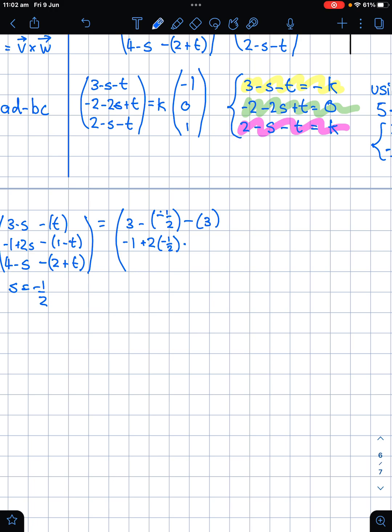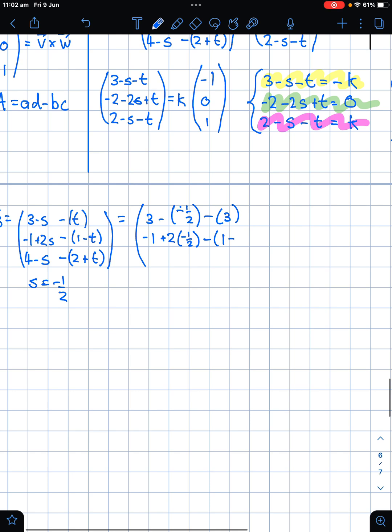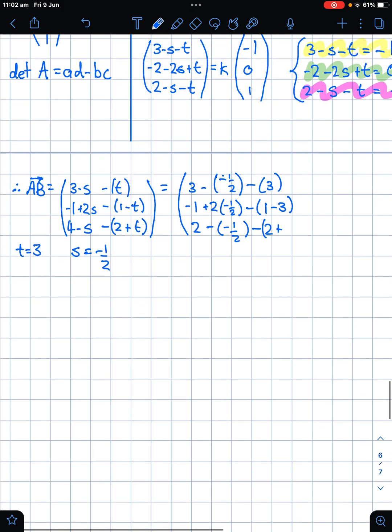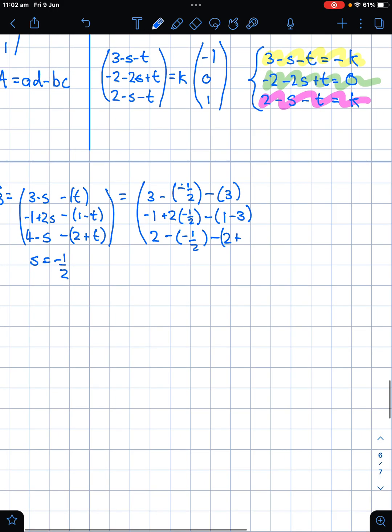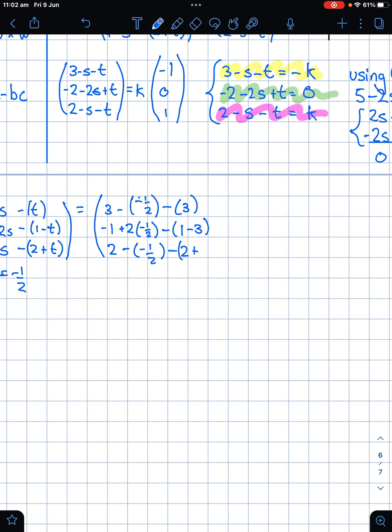And then minus 1 minus 3, which means we get 2 minus negative a half minus 2 plus 2 plus 3 minus 2 plus 3.